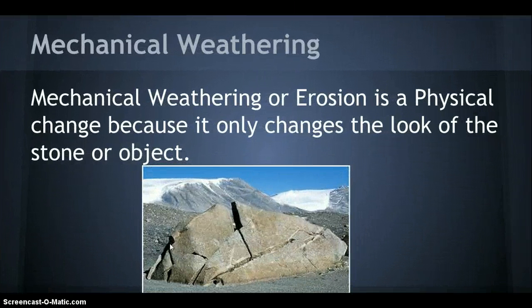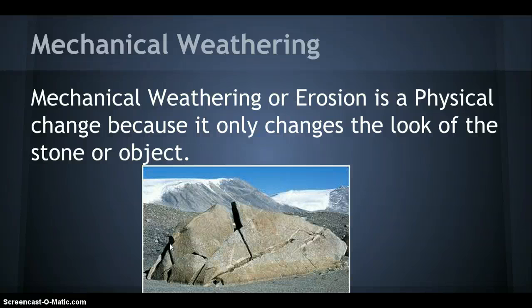Mechanical weathering is also a physical change because it only changes the look of the stone or object. Now, mechanical weathering is an oddball because normally in order for something to be a physical change, it should be reversible.